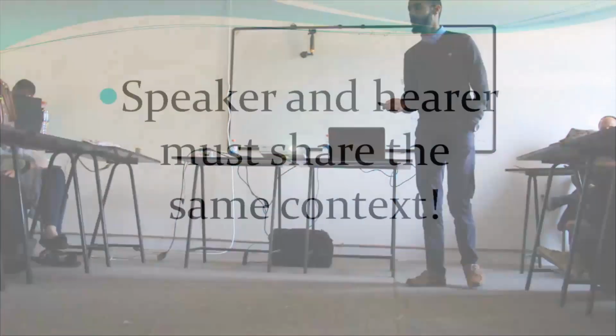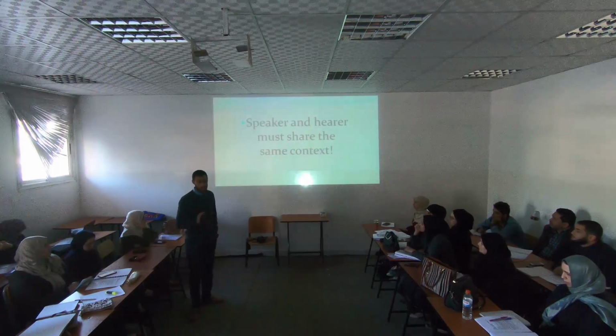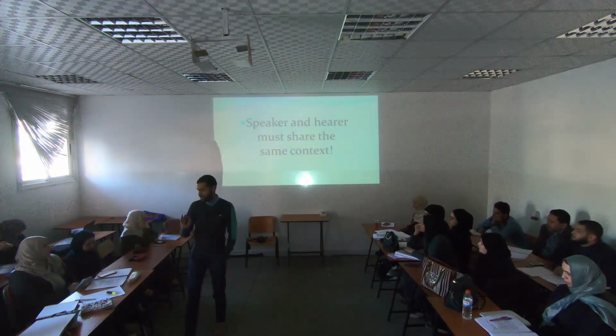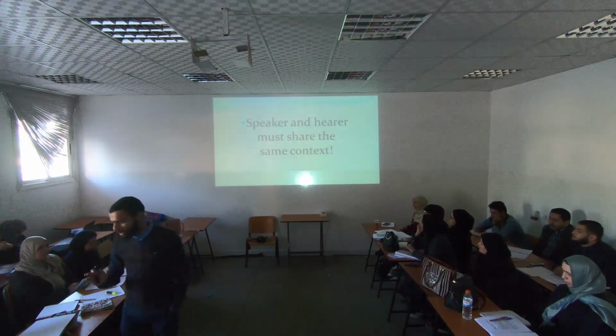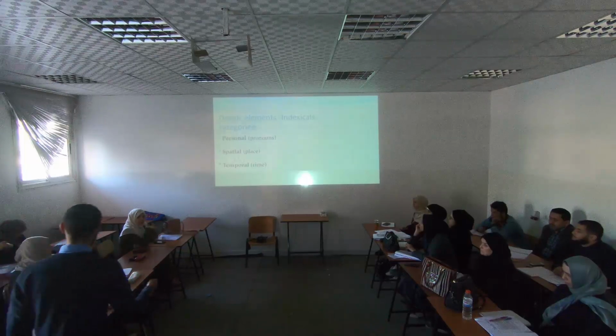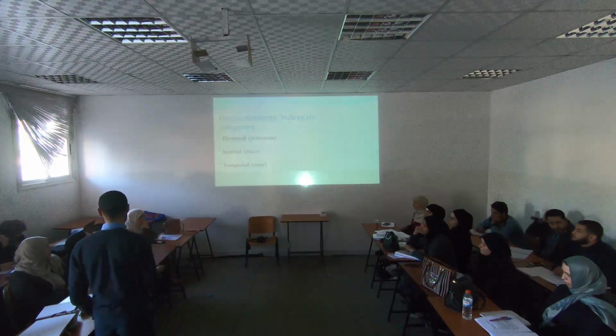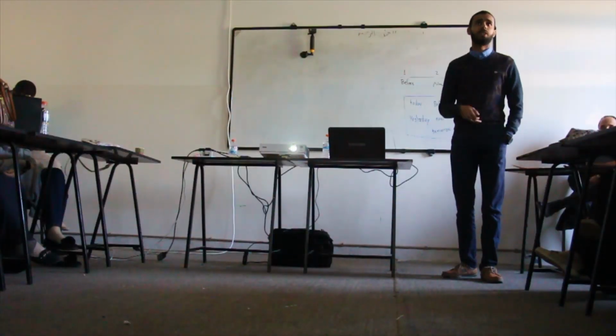We must also know that the speaker and the hearer must share the same context. So they must share prior knowledge, they must share the same context. Indeed, the location, the time, the prior knowledge, all of that are underlying the context.